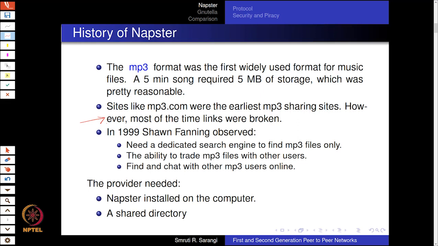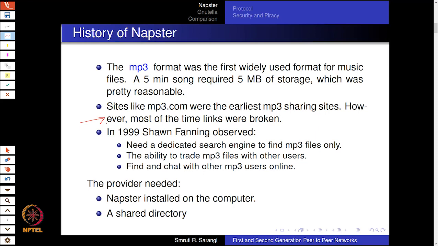It had the ability to find and trade MP3 files, chat with other users, and an entire community meant to exchange and distribute MP3 files, audio files, music files to whoever required them. The provider needed Napster installed on the computer, and there were a large number of shared directory servers over the net. We will discuss that, but primarily all that was required was a Napster client on a computer.